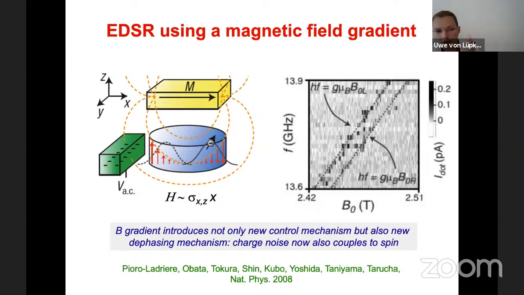My question was what else couples to the sigma z? The dominant mechanisms are charge noise coupling in via the longitudinal gradient, and two, hyperfine noise, or nuclear spin noise, although in the isotopically enriched samples that becomes very small at some point. But if you have no engineered gradient, then the hyperfine noise can also be limiting.